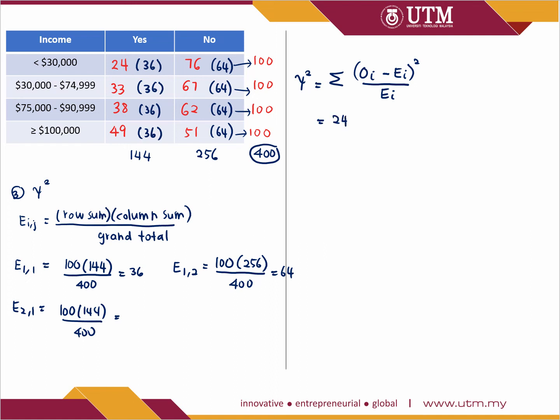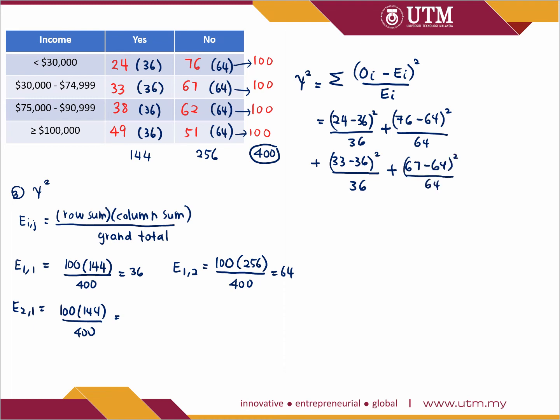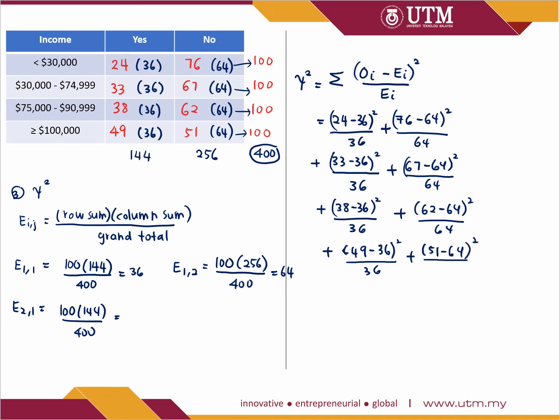So here would be 24 minus 36 squared divided by 36, plus 76 minus 64 squared over 64, plus 33 over 36, 67, and then 38, plus 62, and the last one, 51 minus 64 squared over 64.